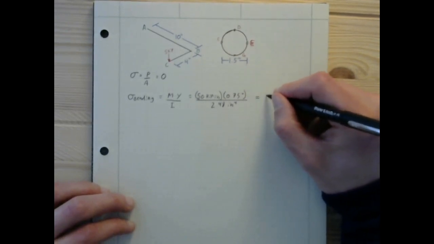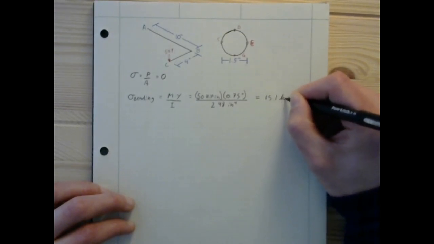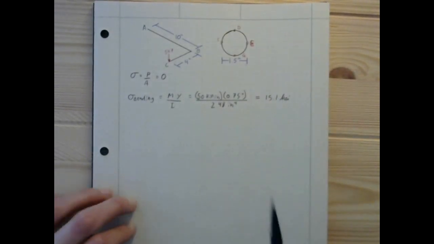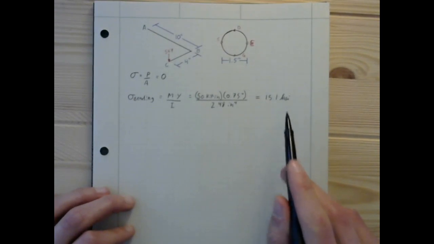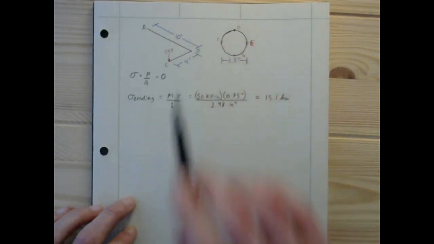That's going to give us 15.1 KSI, and that's tension, right? Tension KSI up here at point D.